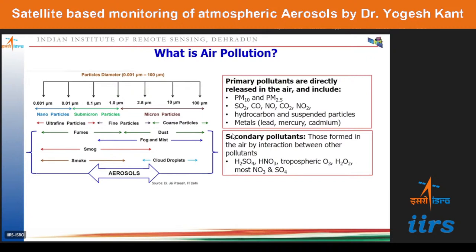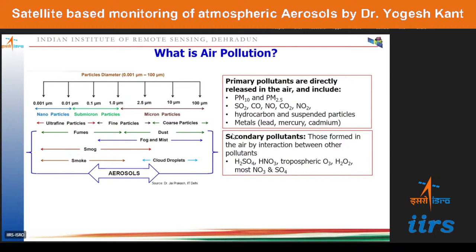As you very well see, the aerosols have different forms like smoke, smog, fumes, dust. Depending on whether it is a fine particle or coarse particle, depending on the diameter, they are classified as different names, but these are under the class of aerosols.